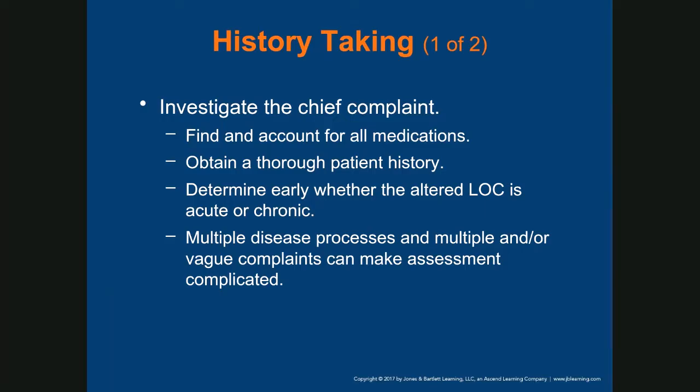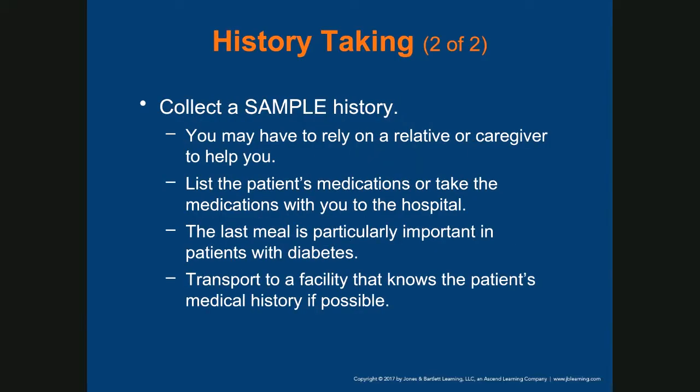Determine early whether the altered LOC is acute or chronic, if possible. Multiple disease processes and multiple and/or vague complaints can make assessment complicated. Collect a SAMPLE history. You may have to rely on a relative or caregiver to help you.